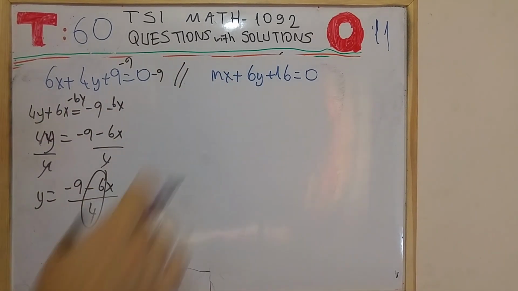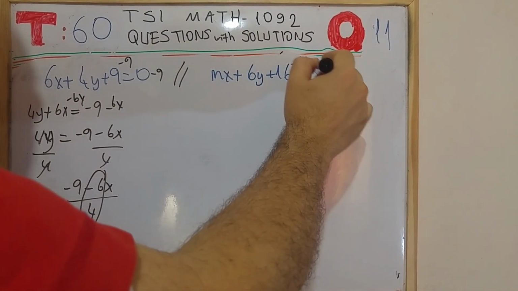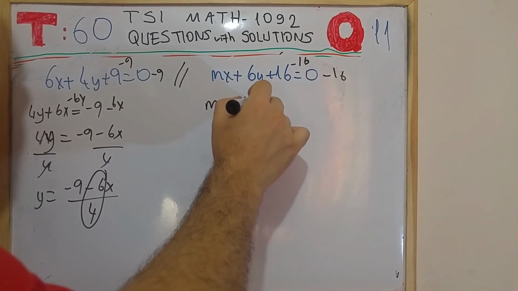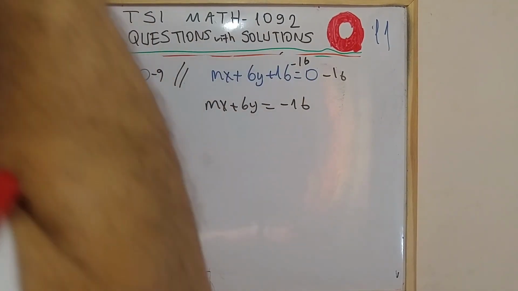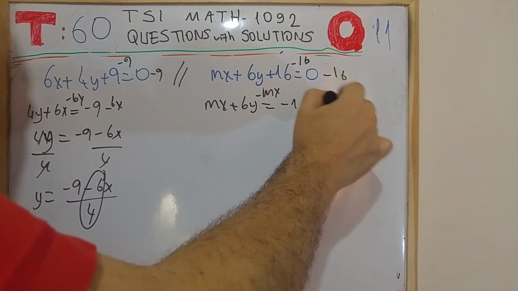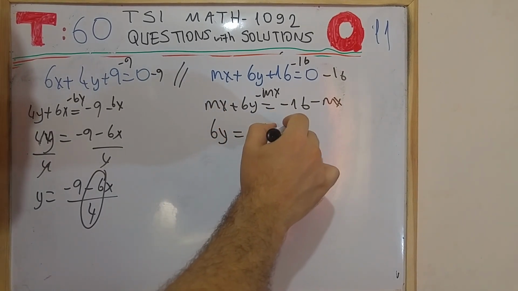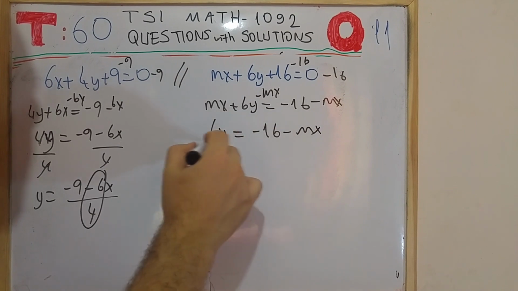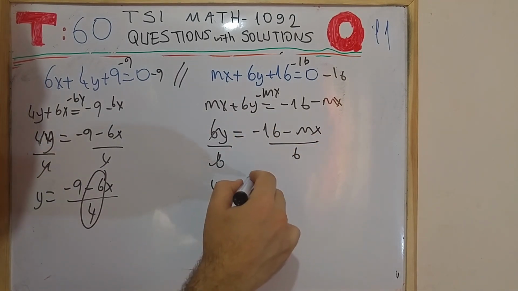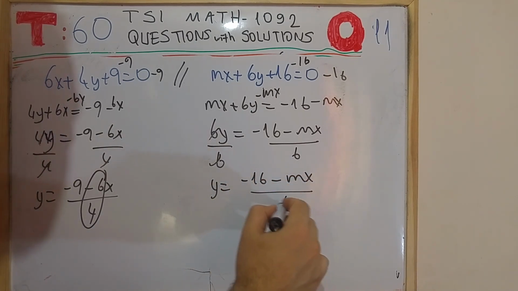Let's choose this line. Let's solve this line first. What we have here when I subtract 16 from each side is mx plus 6y is equal to minus 16. And when I subtract mx from each side, what I have is 6y is equal to minus 16 minus mx. And I divide each side by 6. So y is equal to (minus 16 minus mx) over 6.